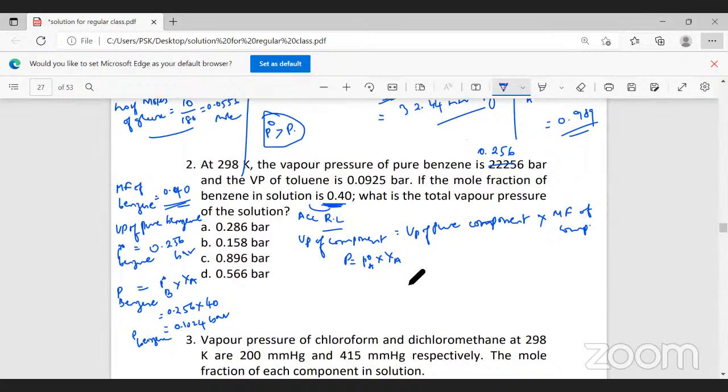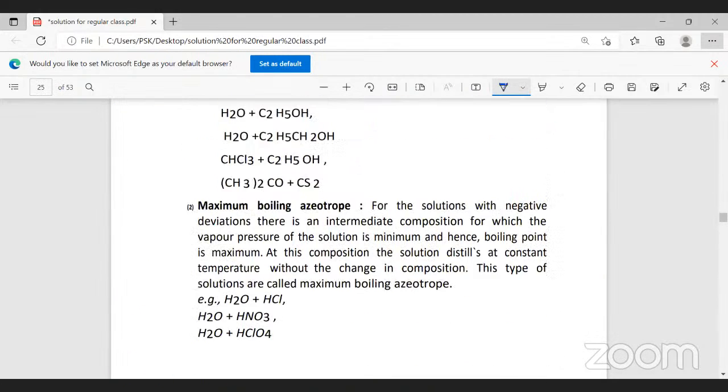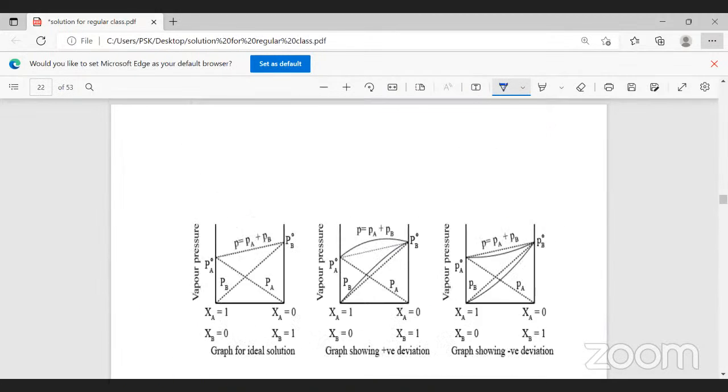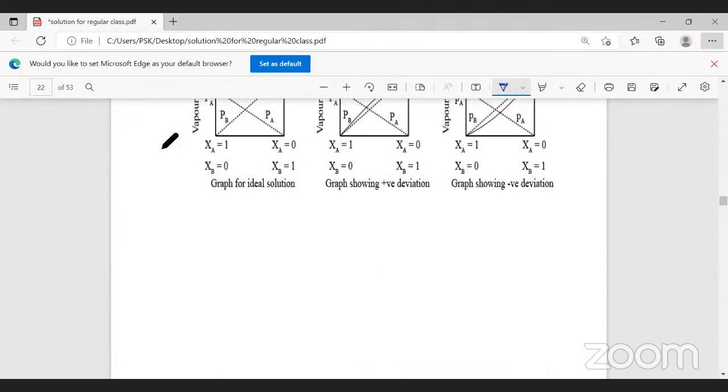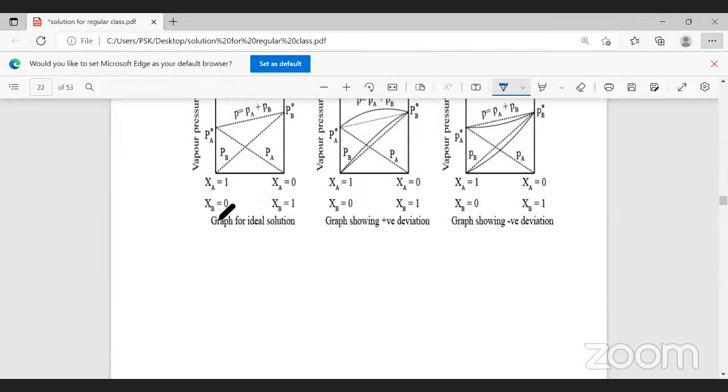Now just observe. Yesterday we learned the three graphs, if you remember. Here, the mole fraction on the extreme left is 1, and as we go across, the mole fraction becomes 0. On the extreme right it is 0, and as we go left it becomes 1. What you're supposed to remember is that XA plus XB will always be equal to 1.